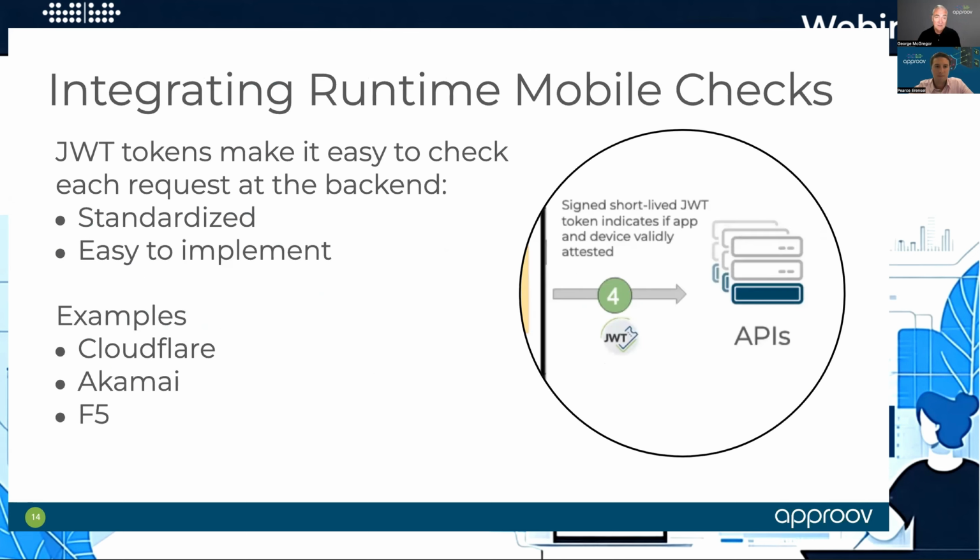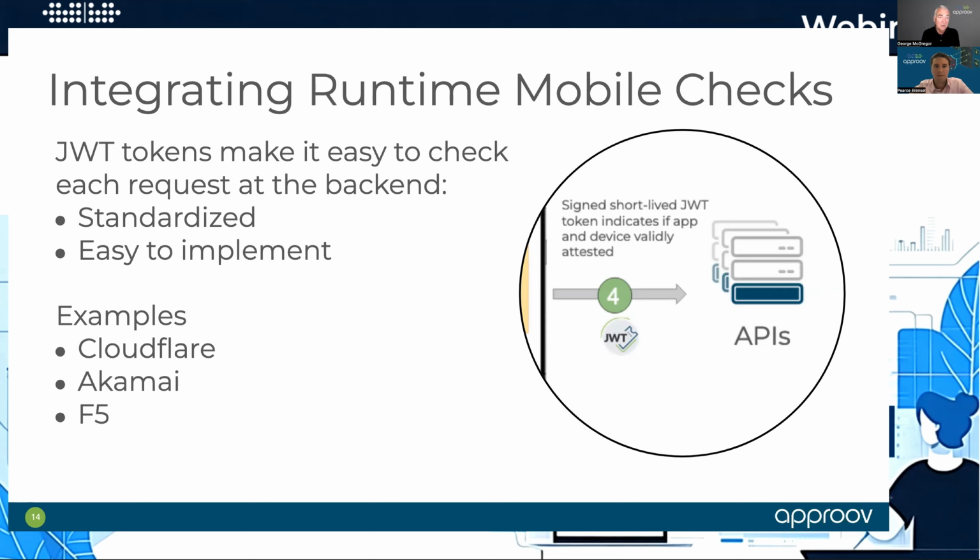Okay. So let's see if we can bring it all together and talk a little bit about how you actually do the integration with your backend security of choice. So the good news is it's really straightforward, and you can combine this mobile contextual information with any AppSec that you've got in place.